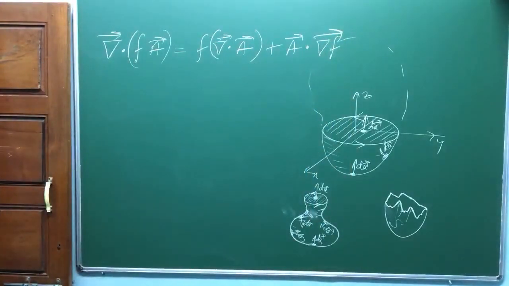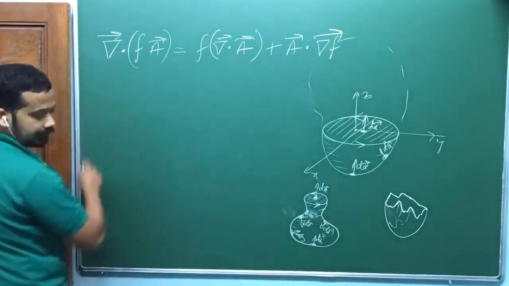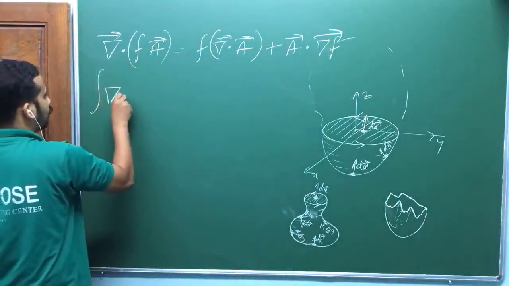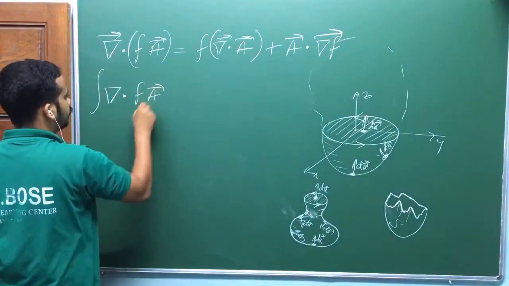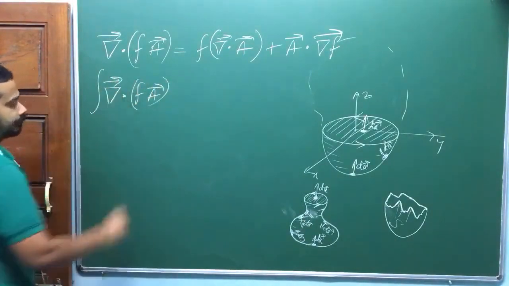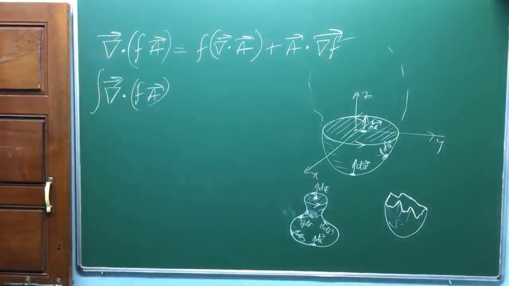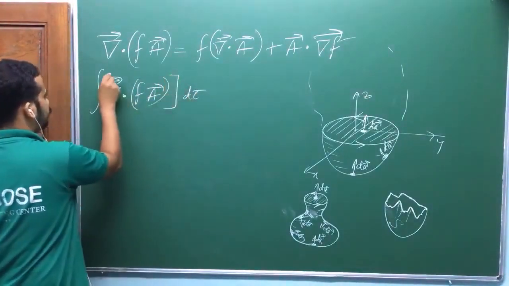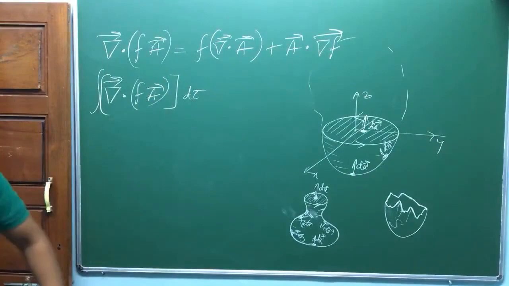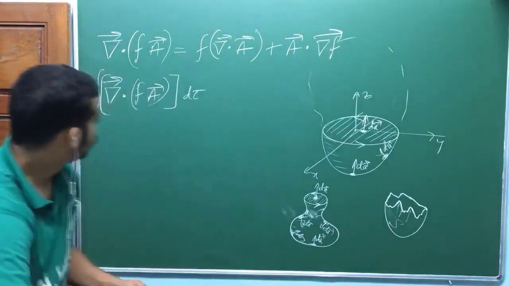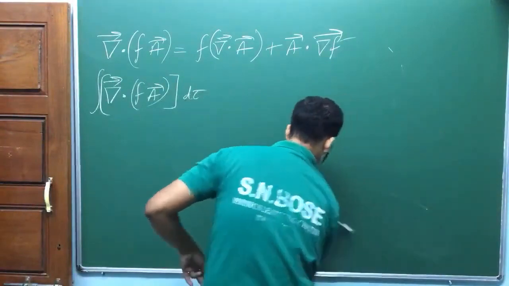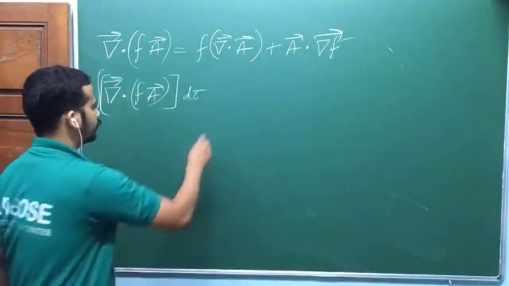Now you can take an integral of this, a volume integral of del dot F A d tau. Actually, I think this is going to be used somewhere.